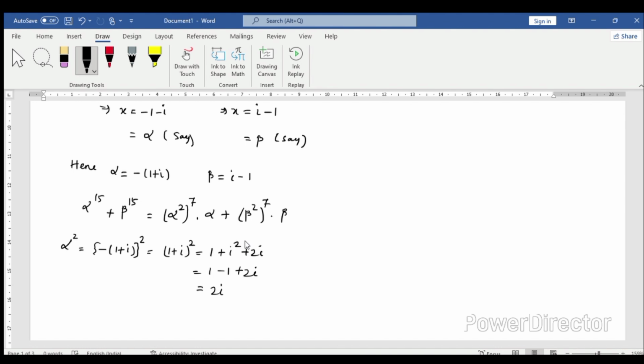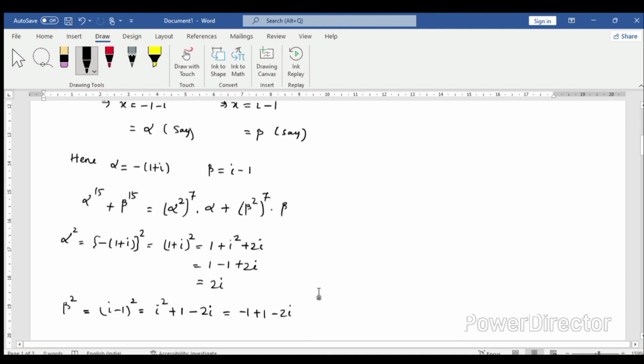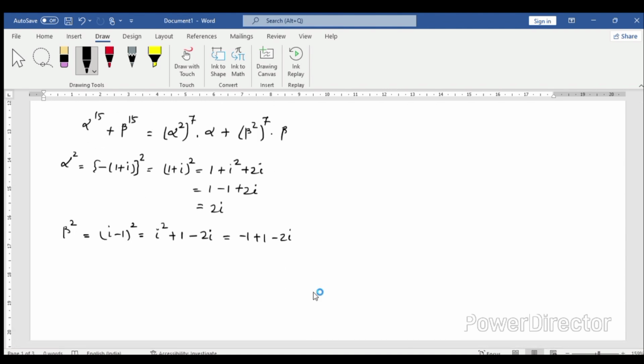Similarly you can find beta square, which is iota minus 1 whole square. Using the formula, this becomes iota square plus 1 minus 2 iota, which is minus 1 plus 1 minus 2 iota. So alpha square is plus 2 iota and beta square is minus 2 iota.